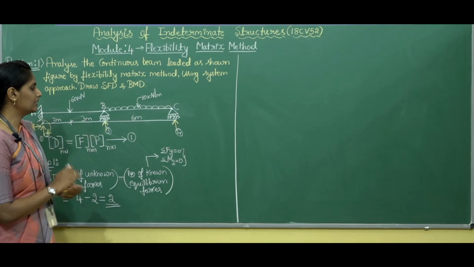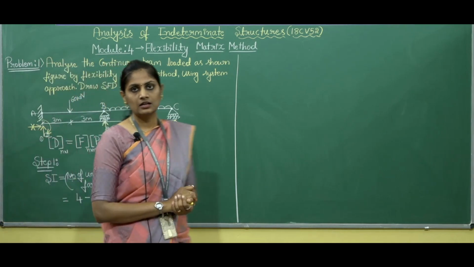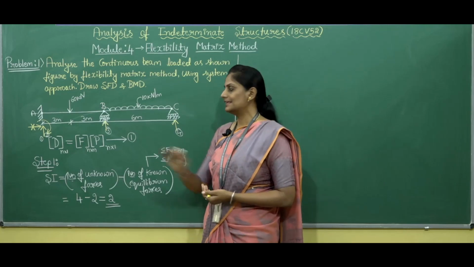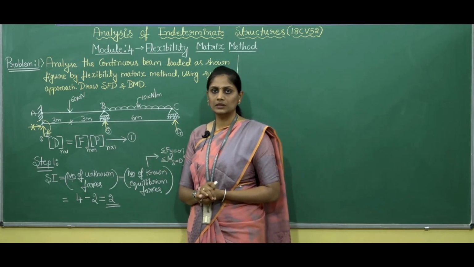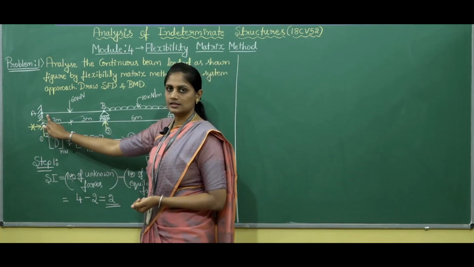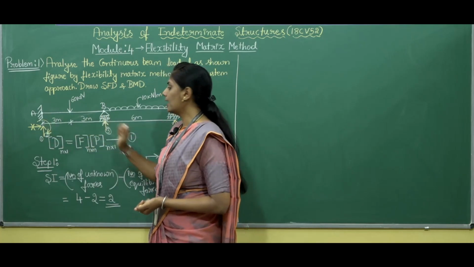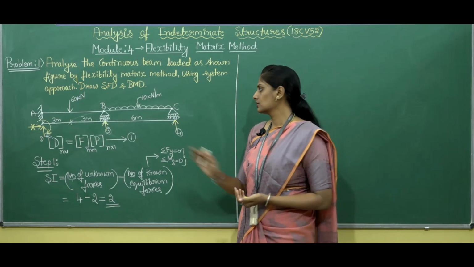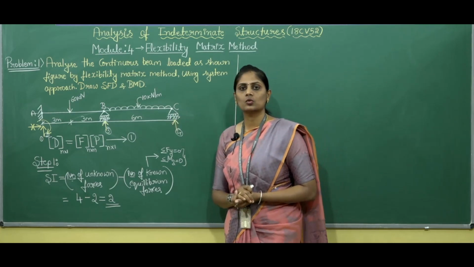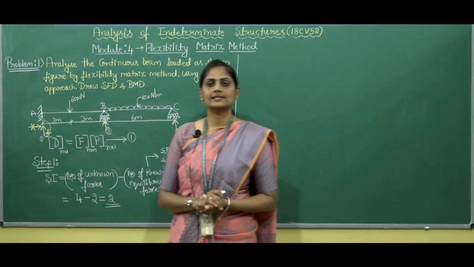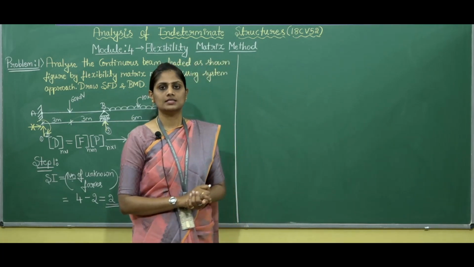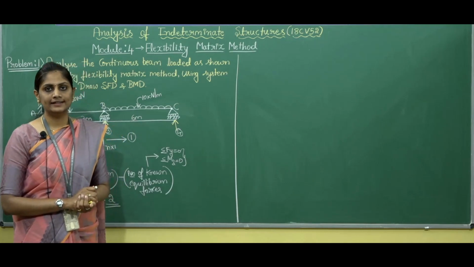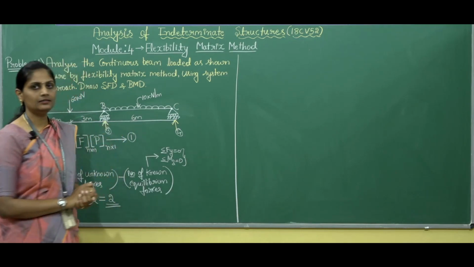In this particular beam, let us select moments as redundants. So, the unknown moments will be at A, that is MA, and at B, that is MB. Of course, at C, since it is a roller support, the moment at C will be equal to 0. So, let us mark the redundants on this particular beam.